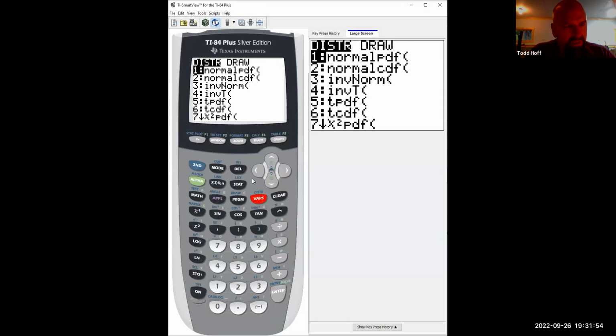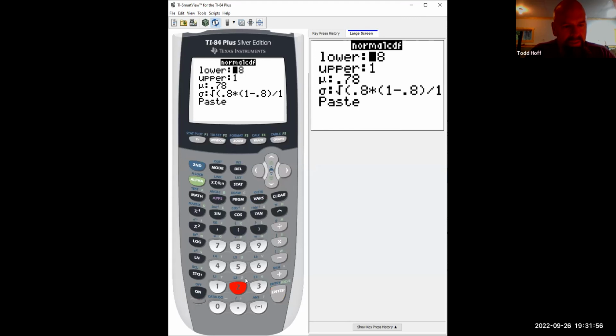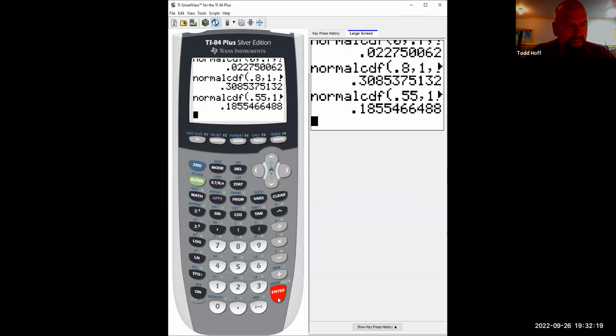Second distribution, normal CDF from 0.55 to 1 with a true population proportion of 0.5, and the square root of 0.5 times parentheses 1 minus 0.5 divided by the sample size of 80. We get 0.1855.